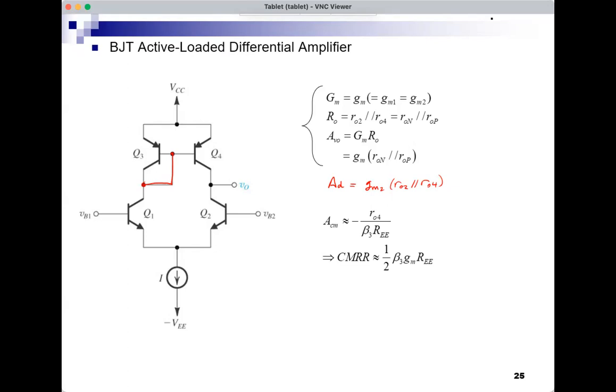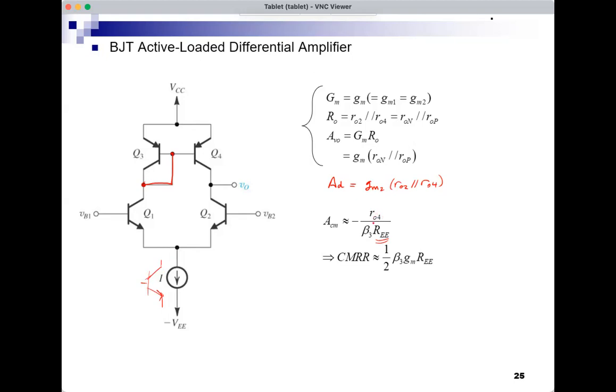It's not exactly zero. It will tend to zero if the current source is ideal. If the current source is not ideal and has an output resistance REE, then ACM is given by this expression. And where did we get these expressions? From full small signal circuit analysis of the whole thing. Notice that if REE is of the order of small RO4, so if this is implemented by a BJT, REE would be the small RO of the BJT, and it will probably be comparable to RO4.